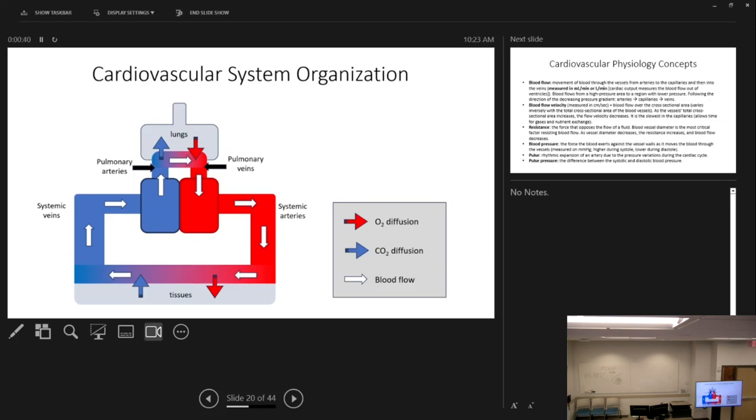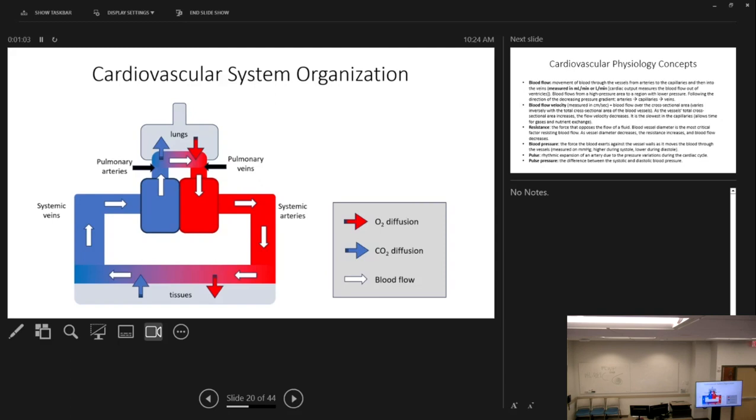There, the oxygen is going to be delivered to the tissues. That blood is going to pick up CO2 and wastes, and that deoxygenated blood is going to be taken, following the systemic veins, towards the right side of the heart. That is going to send the blood towards the lungs, to eliminate the CO2 and get oxygen from there.